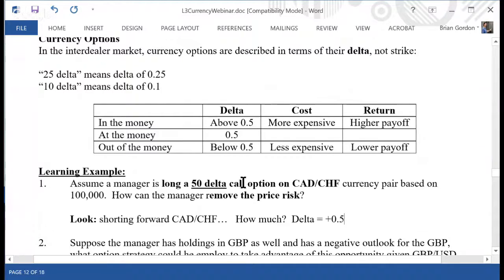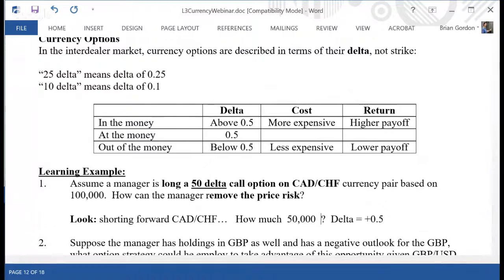So now we can start to use this. If I have an option on a currency pair that's based on 100,000, that's the contract size, well, now I know I can go and short a forward contract, and the multiplier is just going to be 0.5. So we're going to be shorting a forward contract based on the CAD per Swiss franc that has a contract size of 50,000.